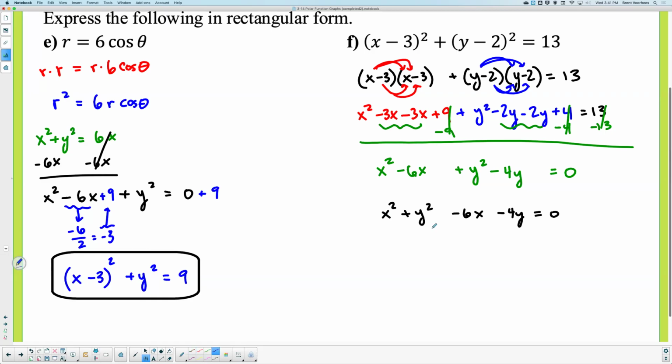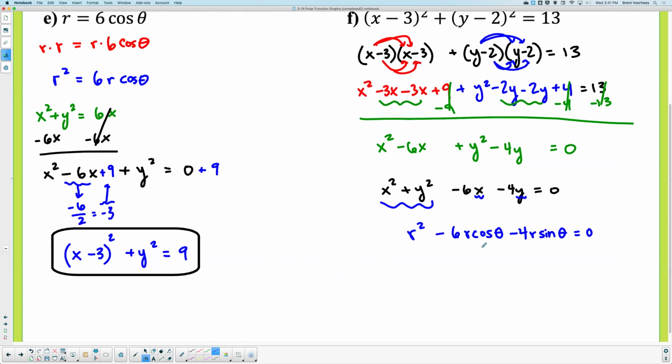And now I'll substitute. x squared plus y squared is r squared, minus 6 times x, which is the same thing as r cosine theta, and minus 4 times y, which is the same thing as r sine theta. Here, what you could do to try to simplify this, if you wanted to, you could factor out an r from here.